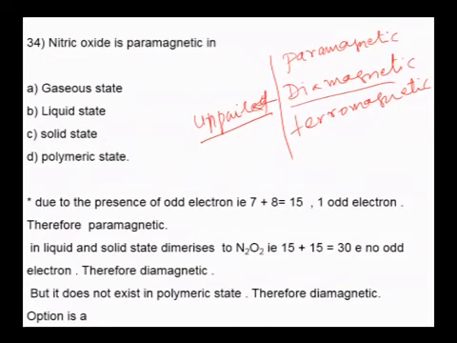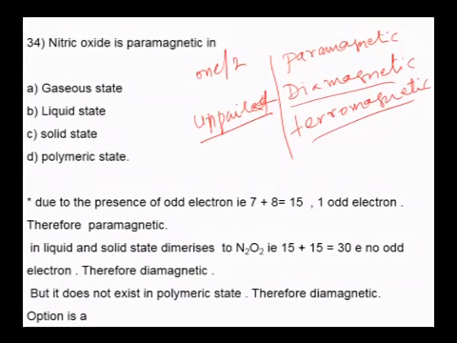Paramagnetic substances are those which are attracted weakly by the magnetic field due to the presence of 1 or 2 unpaired electrons. The last one is ferromagnetic substances. These are strongly attracted by the magnetic field and retain the magnetic property even after the magnetic field is removed, meaning they are converted into permanent magnets.